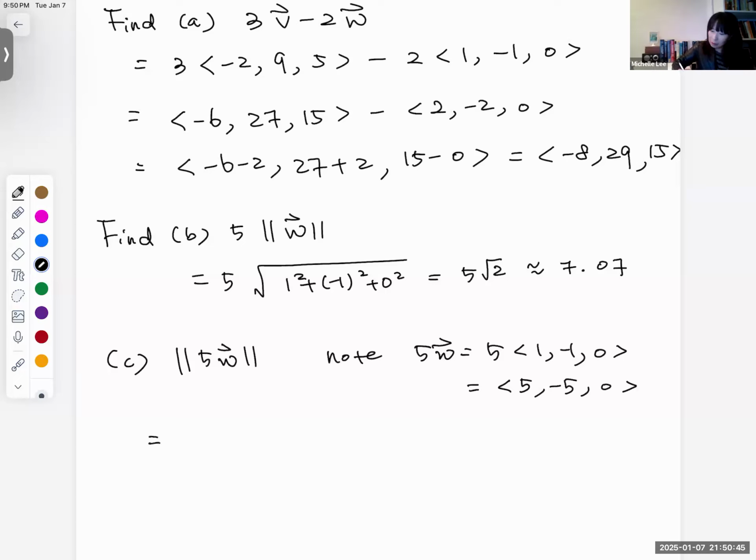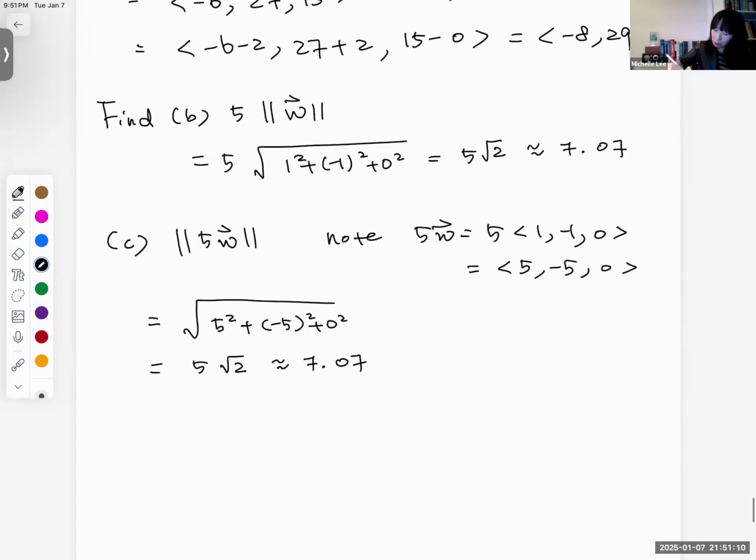So there will be the square root of 5 squared plus negative 5 squared plus 0 squared, which is 5 square root of 2, which is 7.07. Oh, we get the same result? Oh. Okay, so note: the magnitude of w is not the same as the magnitude of 5 times vector w, right?